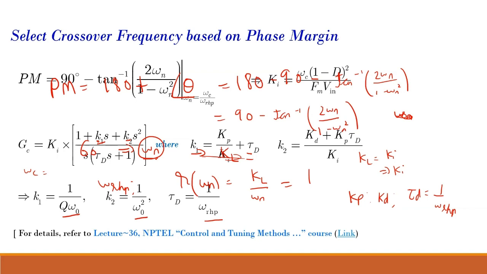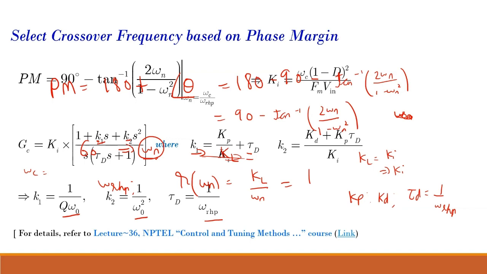First, for the required phase margin, we are finding that omega n, and using that omega n and substituting in the magnitude equation, we are finding the value of KL, and through that we can find KI, KP, and KD through K1, K2. Yes, correct.